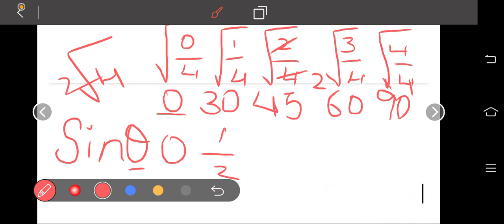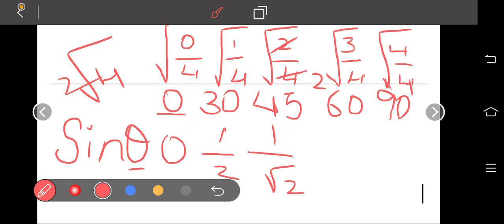Root 2 you can't simplify, because if it were 4 you could say it as 2. But it is already cancelled out with the numerator and denominator. There is a value for root 2, but instead of writing that value, you can take it in the form of a fraction. So 1 upon root 2.